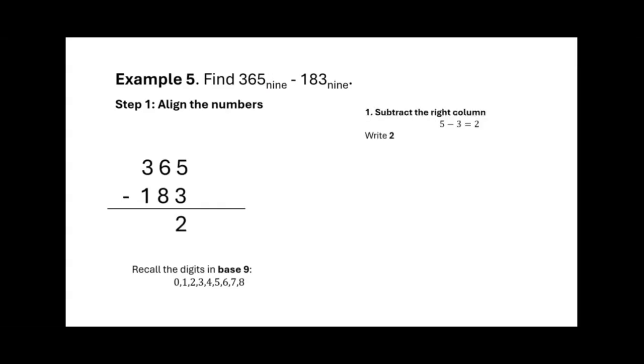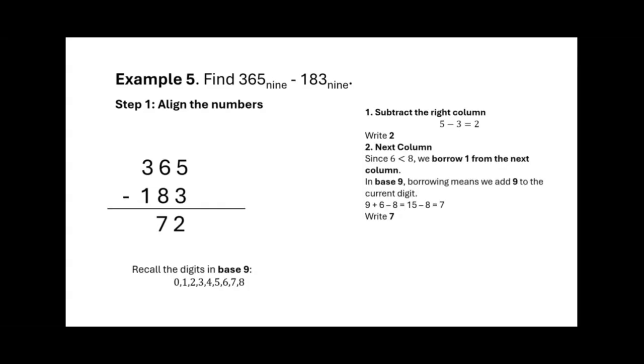As I mentioned, start with the subtraction. 5 minus 3 is 2, so you write down a 2. The next one, we actually have a problem because 6 is smaller than 8. So if I subtract, that's kind of impossible. How can you subtract 8 from 6? There's not enough. In those cases, we borrow from the neighbor. From the next place value, you borrow 1 unit.